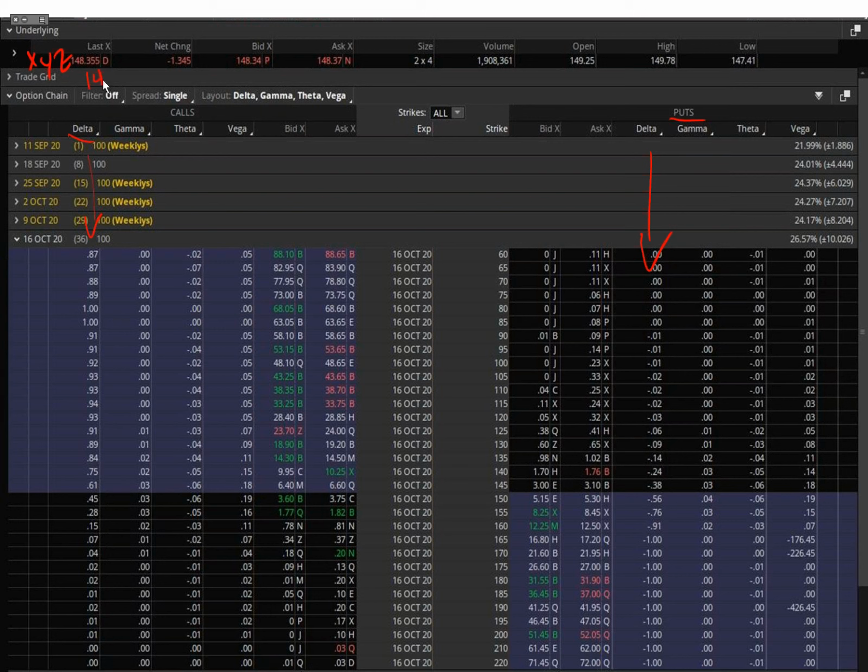So XYZ goes to 149.35. So that's a $1 move, right? It moved up $1. Well, then our corresponding strike, the 150 strike here on the calls, will increase by 45 cents. So we can see this go to 405, 420 on that first dollar move on the premiums.